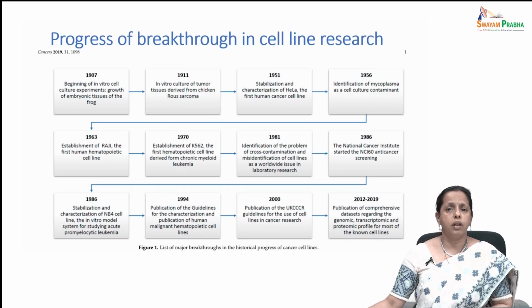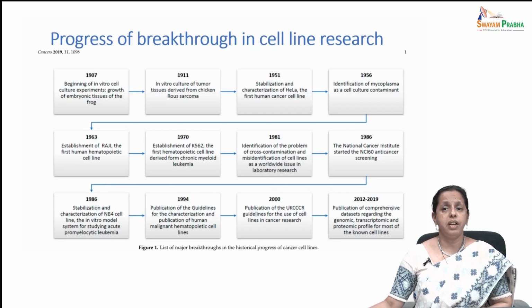The Raji cell line was successfully proven to be a model system generated by EBV virus infection, so defining the cell line conditions was very important to establish its growth, and this is one of the first cell lines for suspension culture. So this is again another key breakthrough, a landmark during the cell line research process.